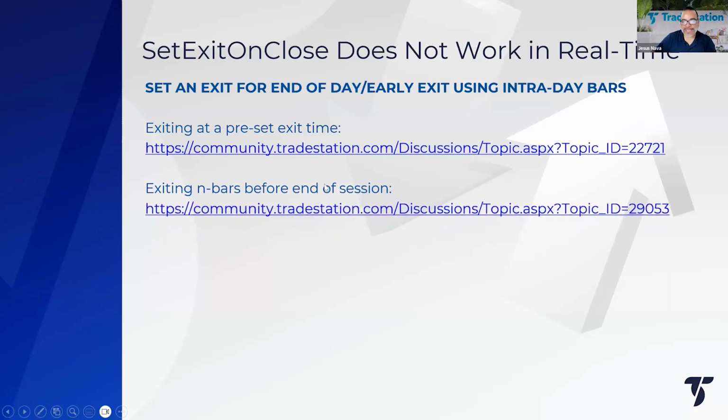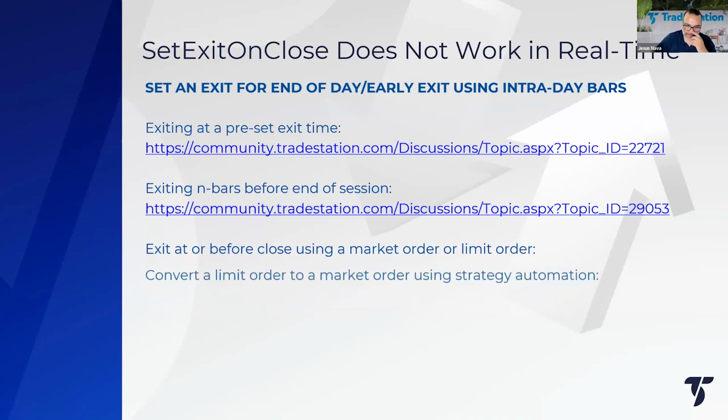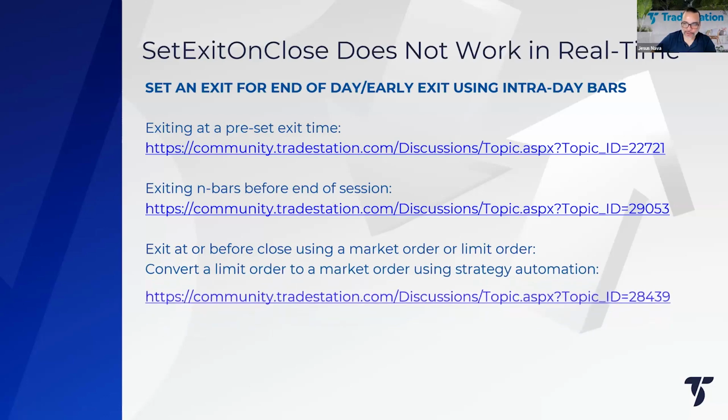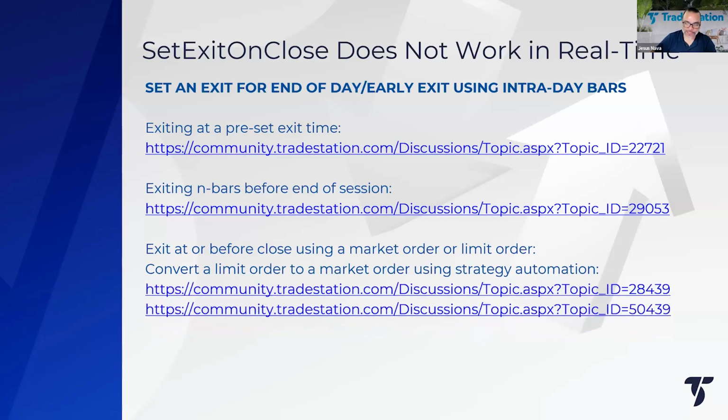You can also exit a number of bars before the end of the session. You can also exit at or before the close using market order or limit order. We can convert a limit order to a market order using strategy automation. We have some discussion topics for that. So yes, there are different ways that you can make the strategy work if you want to generate a close or an exit at the close of the market.